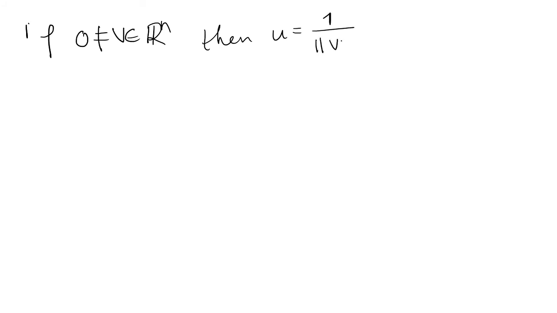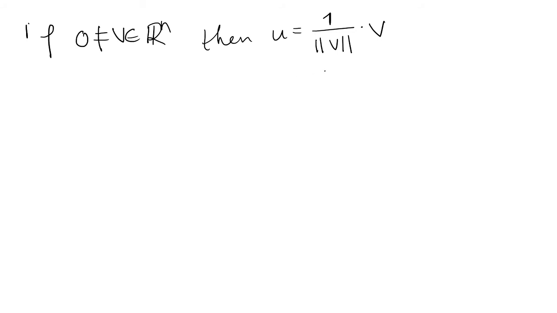Let me put it in more general terms. Suppose we have a non-zero vector v in Rn. Then u equals 1 divided by the norm of v, multiplied by the vector v itself, defines a unit vector that is in the same direction as the vector v.